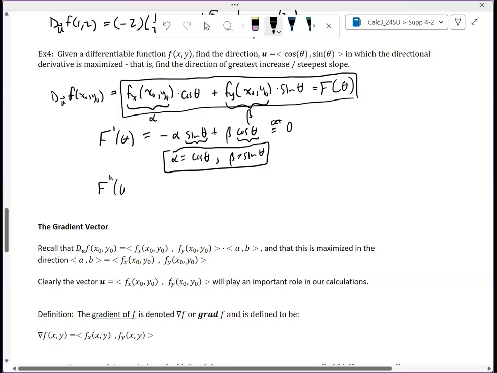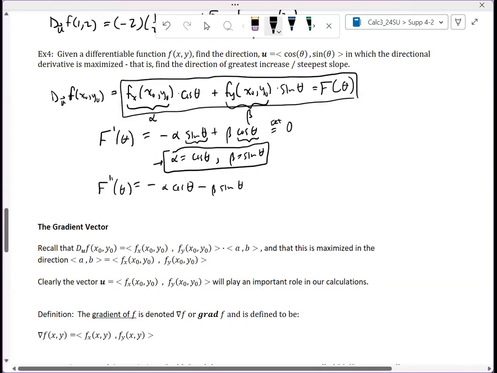What's the second derivative? Well, it's negative alpha cos theta and then minus beta sine theta.